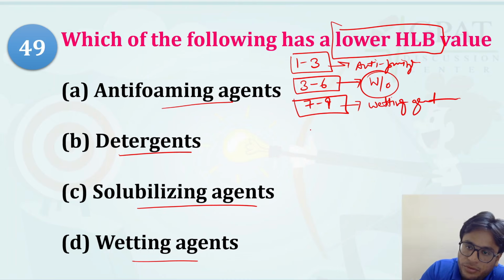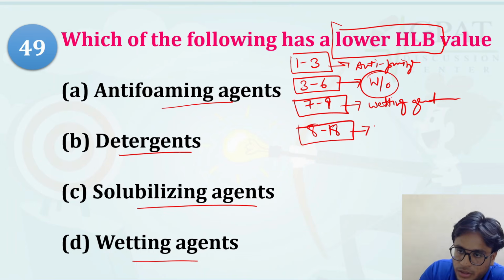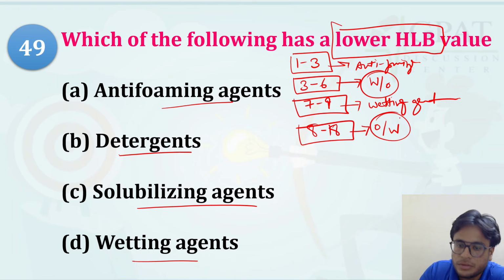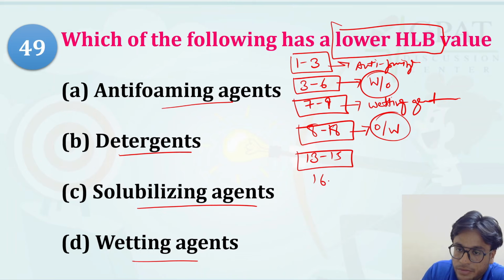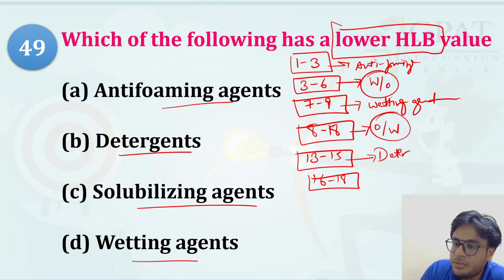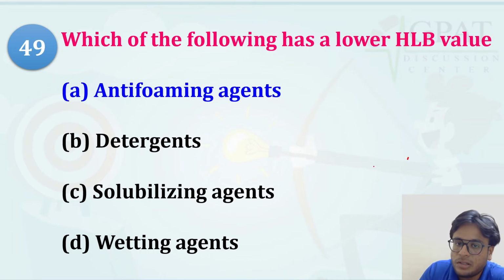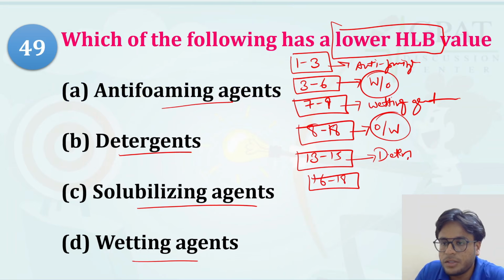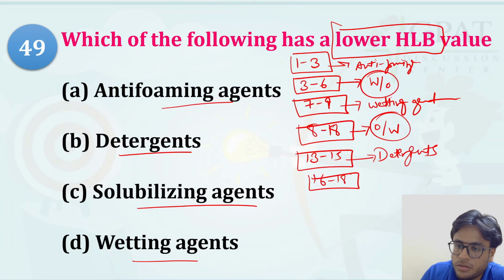Then 8 to 18 is for oil in water type solubilizing agents. 13 to 15 is mainly for the detergents we use to wash our clothes, and 16 to 18 is mainly for solubilizing agents.